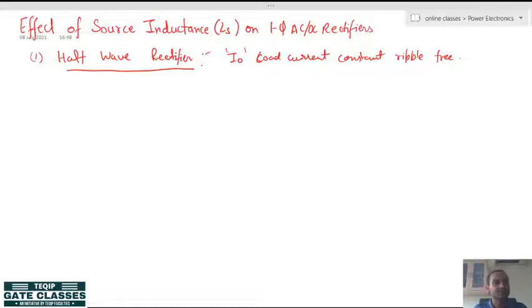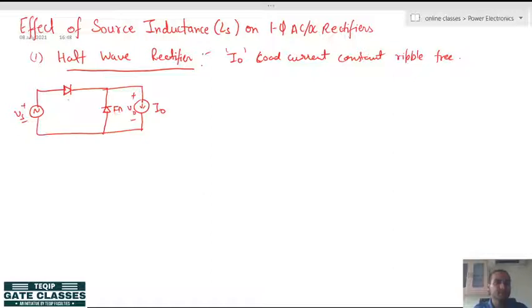So let us draw the circuit. I am taking the load current as I naught. This is the source Vs, this is the freewheeling diode, and let us say it has an average output voltage V naught.